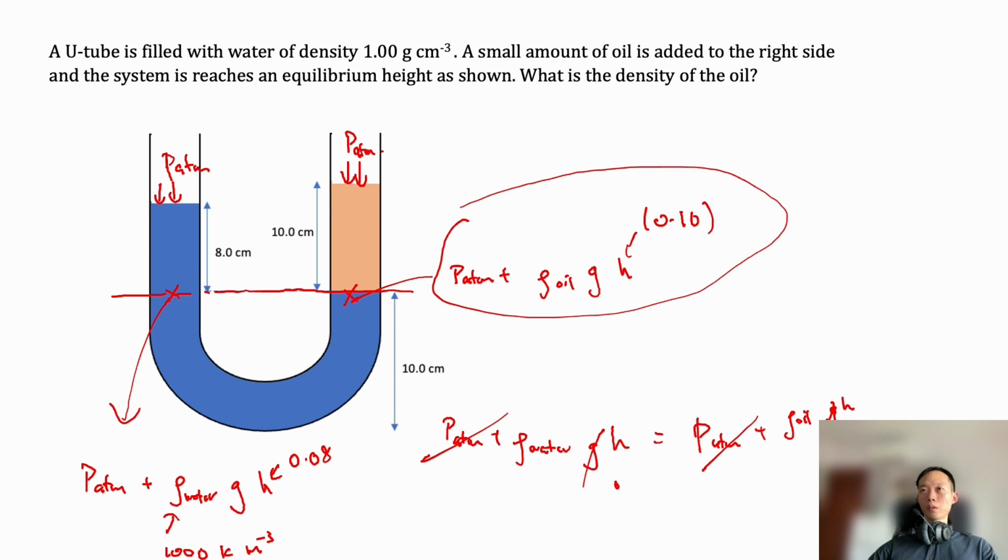Once you have cancelled this out, we can just rearrange it to make our unknown density of oil the subject, and our final answer will be calculated as density of water multiplied by the height of the water divided by the height of the oil. Height of water is 8 cm, oil is 10, and water density is 1000. So doing a bit of calculation, you can get the final answer: 800 kg per meter cube.